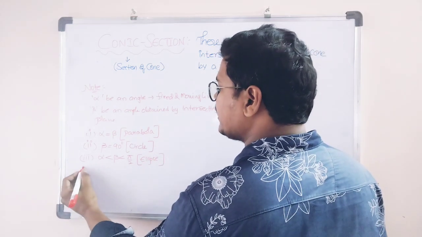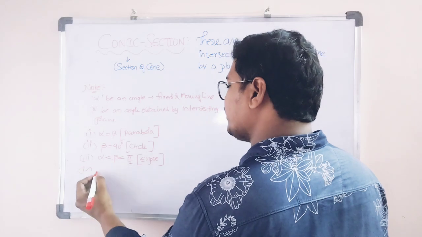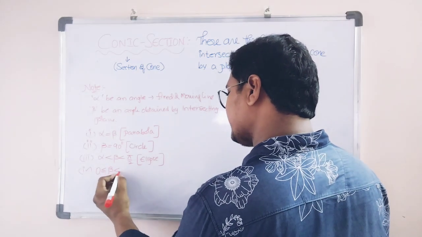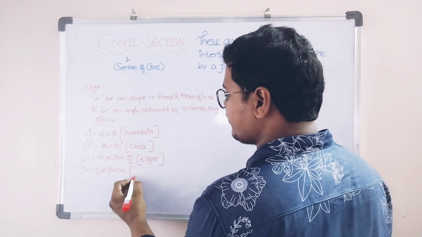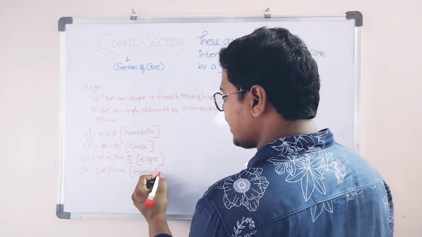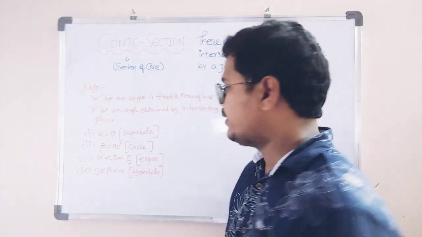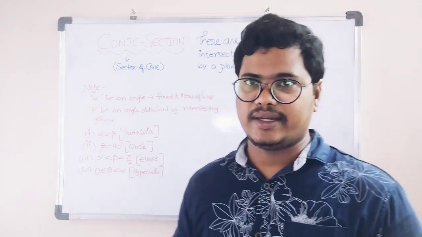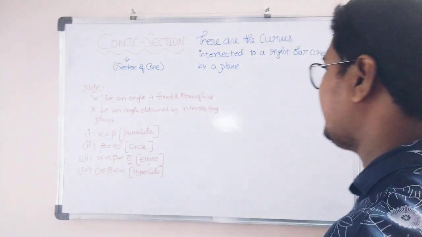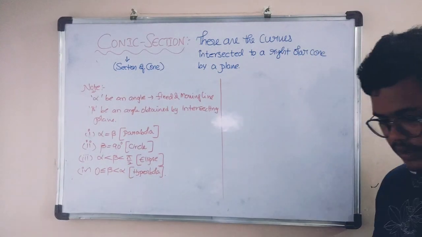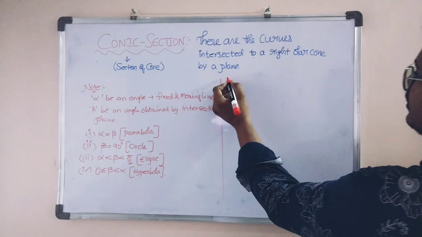And the fourth, where 0 is less than or equal to beta less than alpha, this figure we consider to be a hyperbola. What do we call this one? Hyperbola. We call that figure a hyperbola. Let us move to the next definition of a conic.